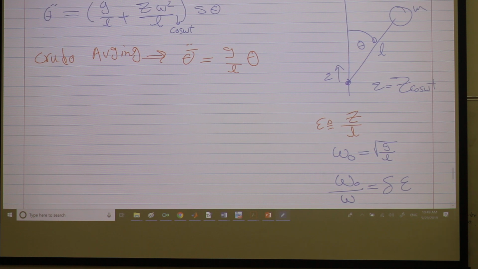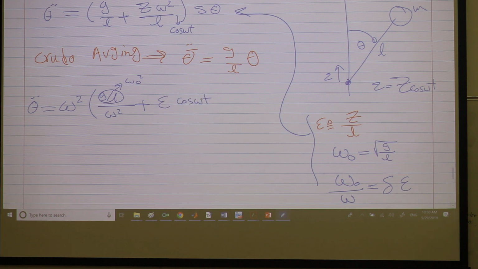Any questions so far? Okay, so let's do that. I'll substitute these. Here I have theta double dot equals, I will take omega squared as a common factor. So here I have G over L, which is omega naught squared divided by omega squared, plus Z over L, which is already epsilon, times cosine omega t.